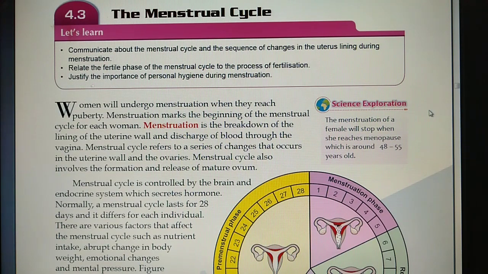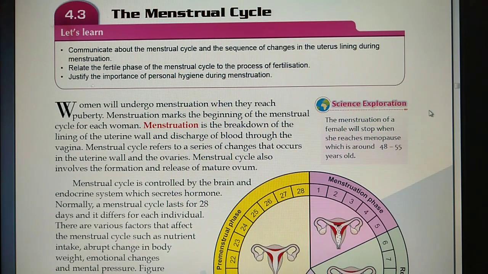This flow out of blood, or the discharge of blood through the vagina, is called menstruation. This menstruation is one of the processes in the whole process we call the menstrual cycle. So menstruation is one phase that occurs in the menstrual cycle.